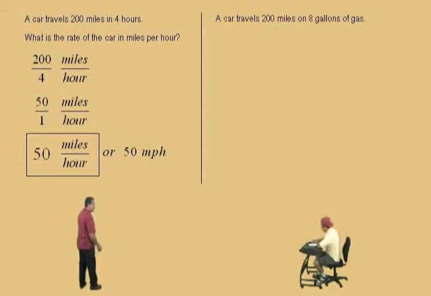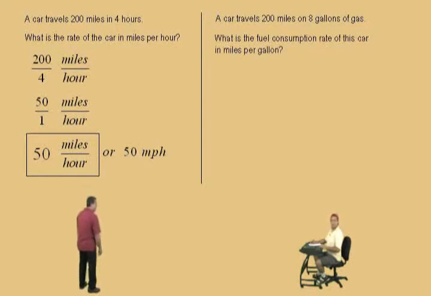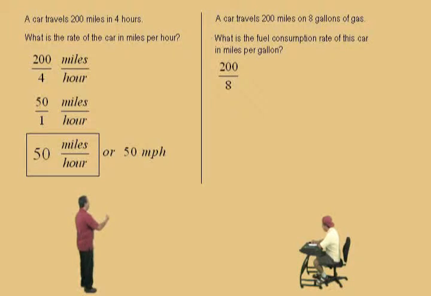A car travels 200 miles on 8 gallons of gas. So this is a rate, but we're looking for miles per gallon here. What is the fuel consumption rate of this car in miles per gallon, right? So miles per gallon means we have to put miles over gallon. So 200 miles over 8 gallons. That's how we start.